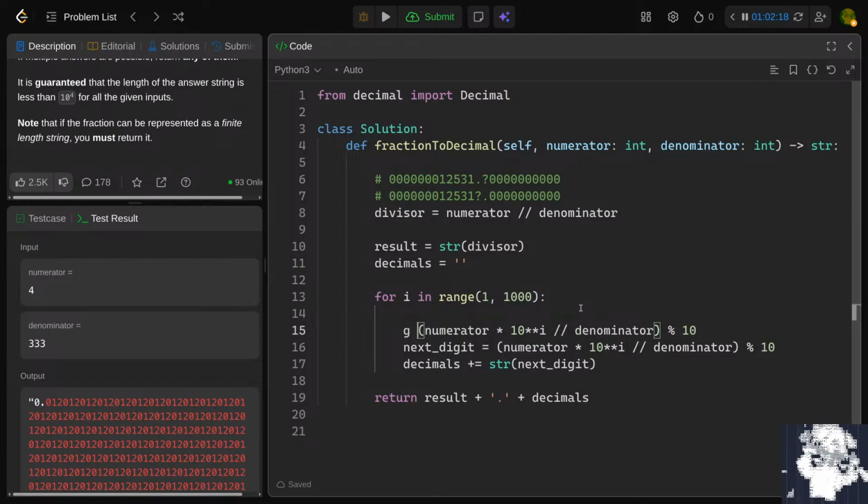Let's call it G. And we don't take the mod 10 of it, and we don't divide by the denominator of it. So now you've got G divided by denominator mod 10.